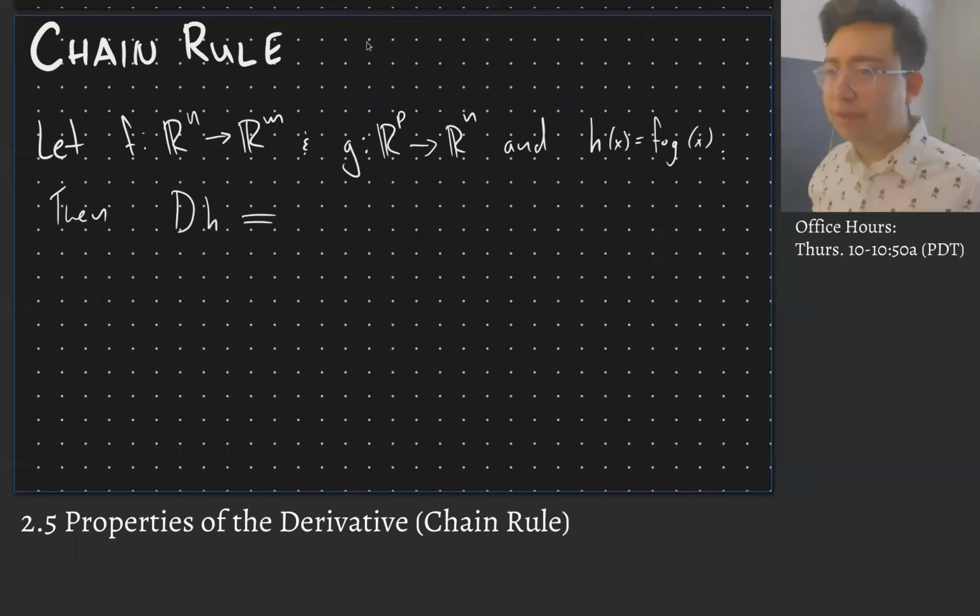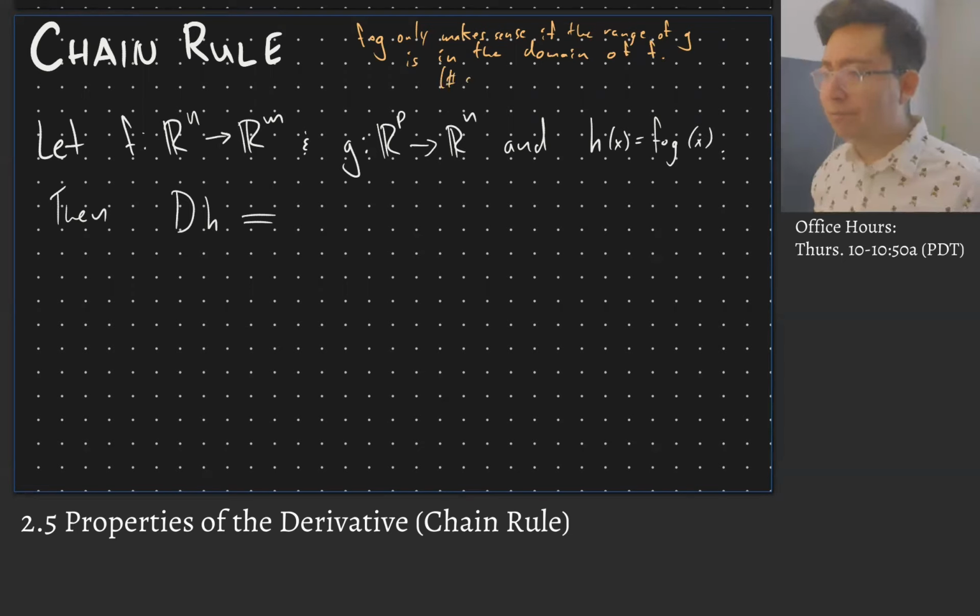The composition here only makes sense if the range of G is in the domain of F. So for the sake of this class, often what that means is that the number of outputs of G should equal the number of inputs of F. There's a little bit more to it than that.